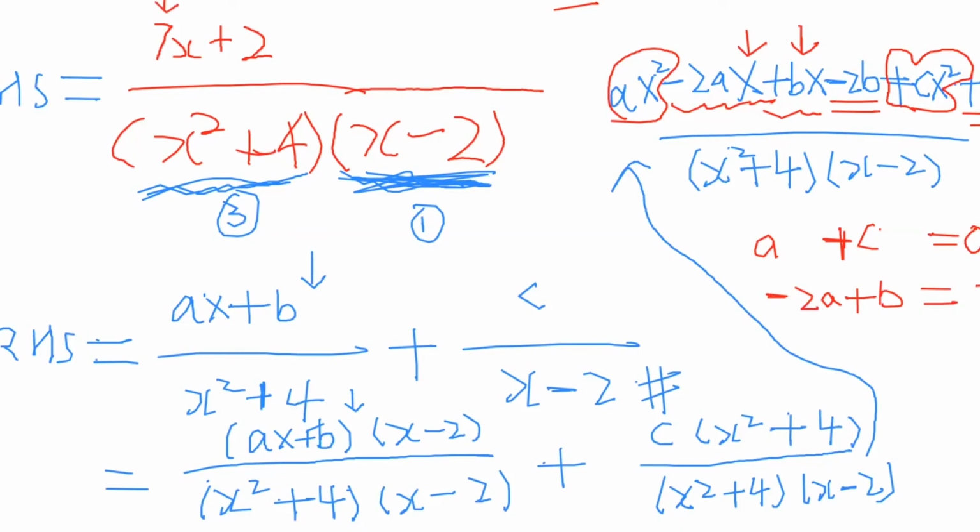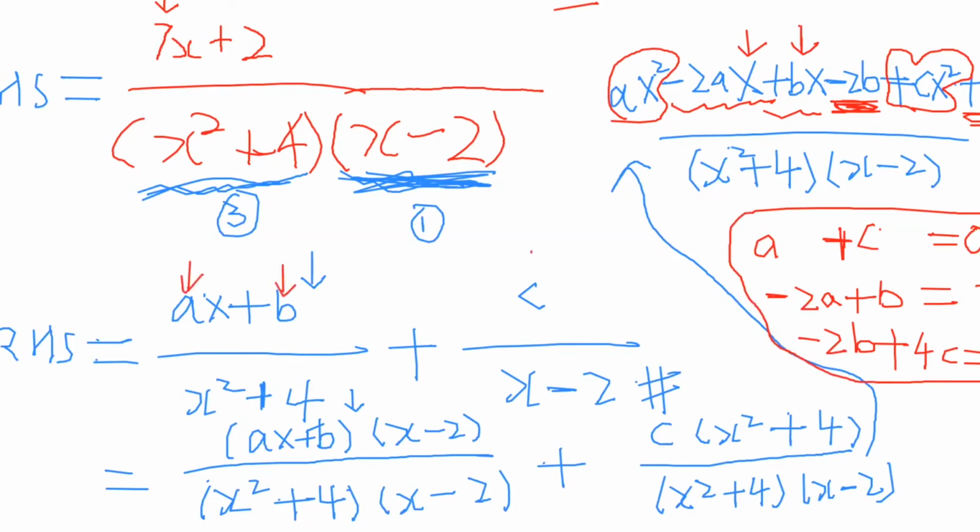And then the constant term is minus 2b equals to 2. So your job is to find out your a, b, c. Once you find out your a, b, c, then you just replace. Then that's your answer.